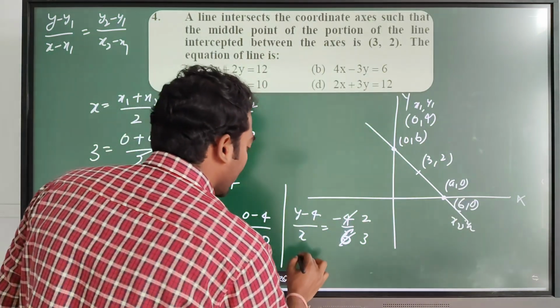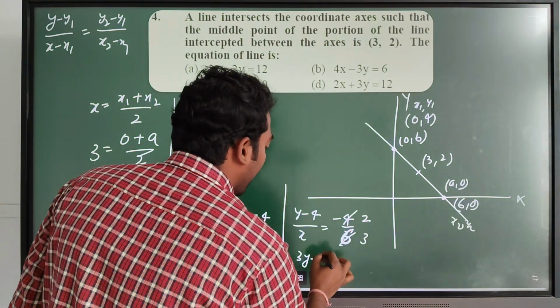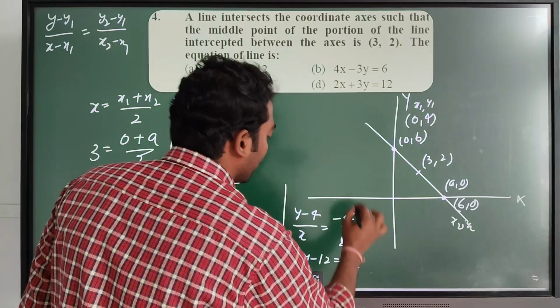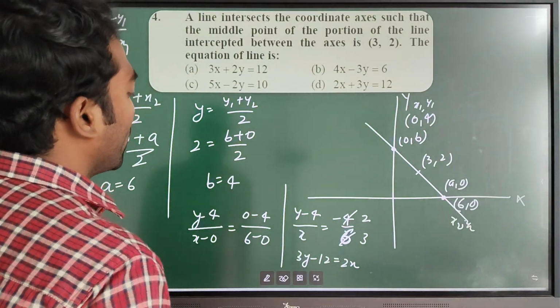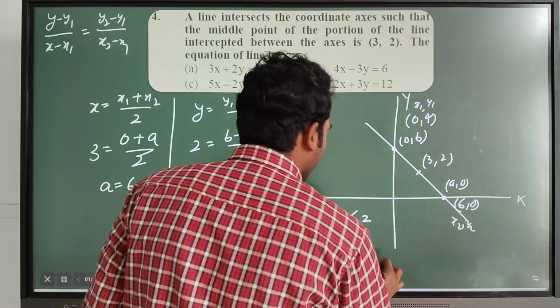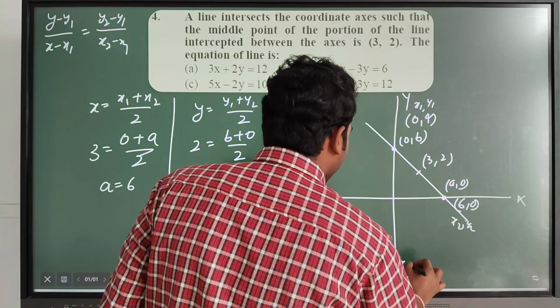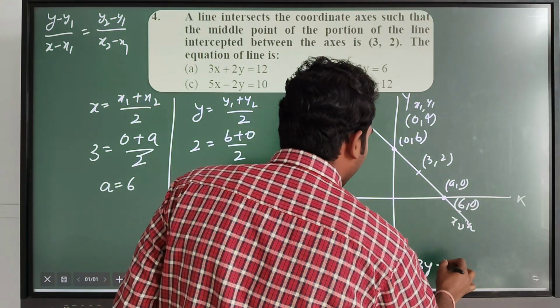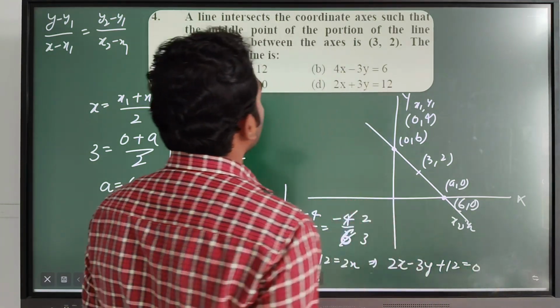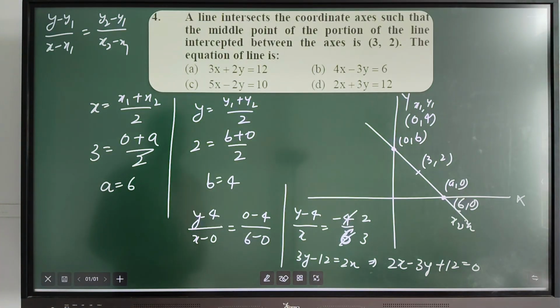On cross multiplying you will get 3y minus 12 is equal to minus 2x. You can also write this as 2x plus 3y minus 12 equals 0. Which one of the options is correct?